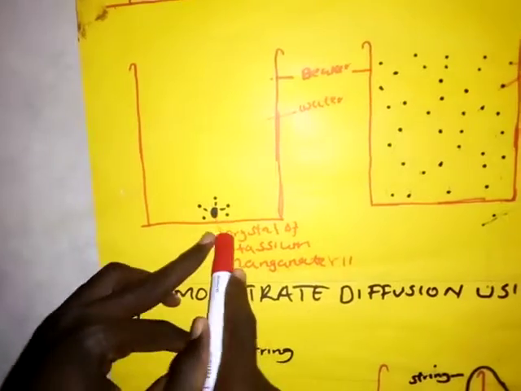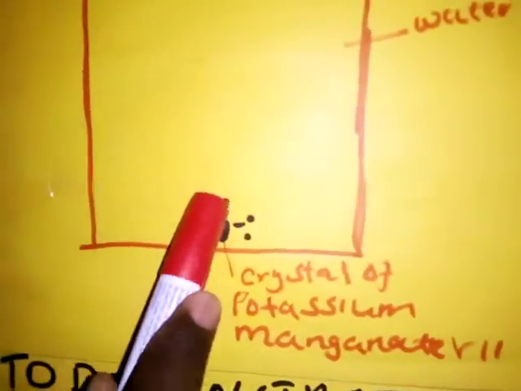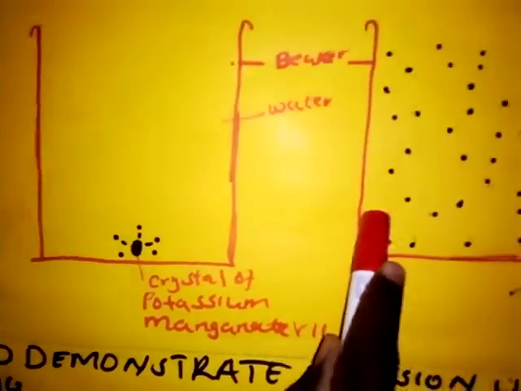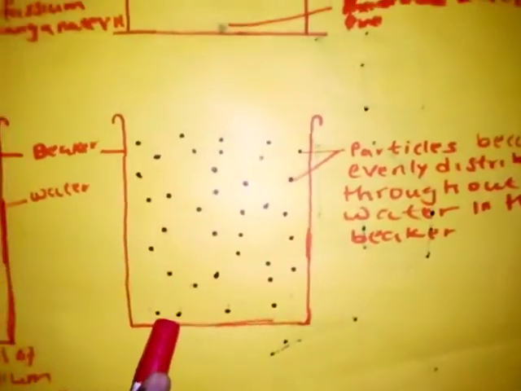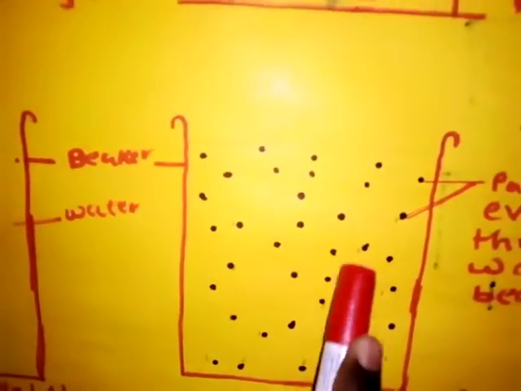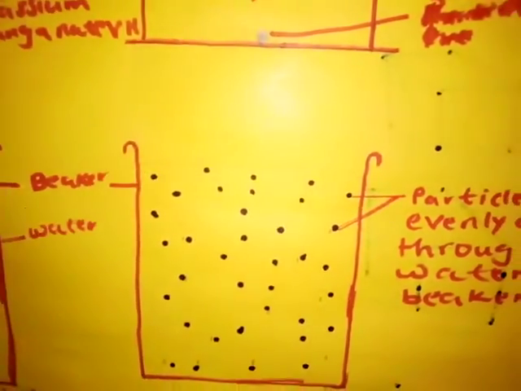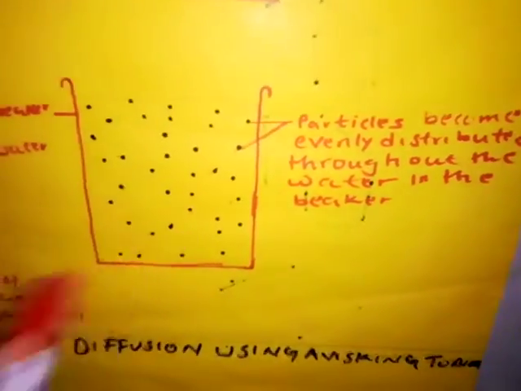They are breaking off from the potassium manganate crystal and moving to other parts of the liquid until the molecules of the potassium manganate 7 are evenly distributed within the beaker that we have around here.